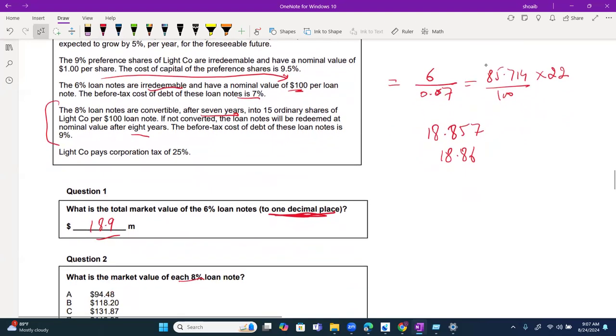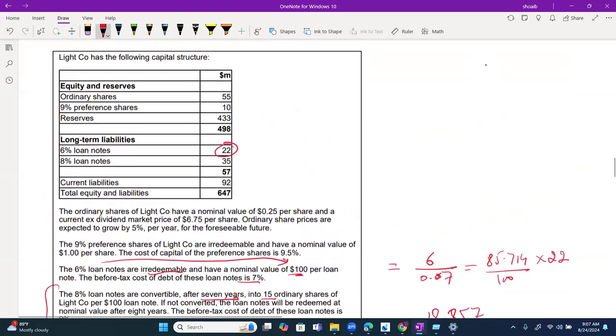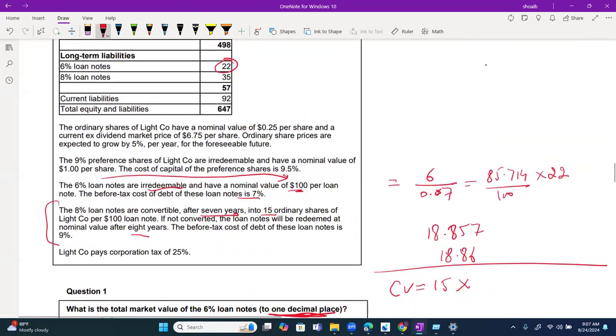So let's calculate the conversion value. 15 is the number of shares into what is the market value per share? 6.75.